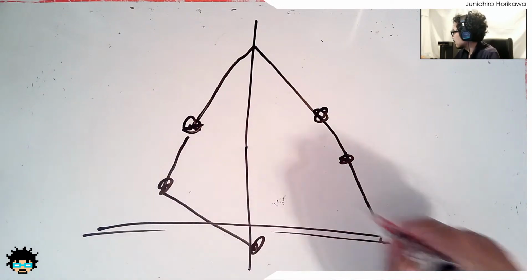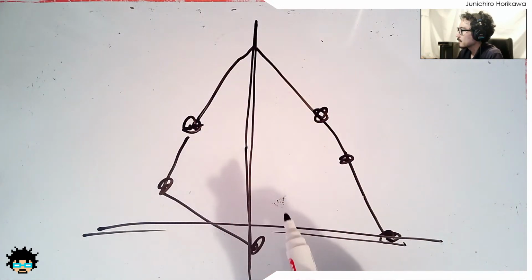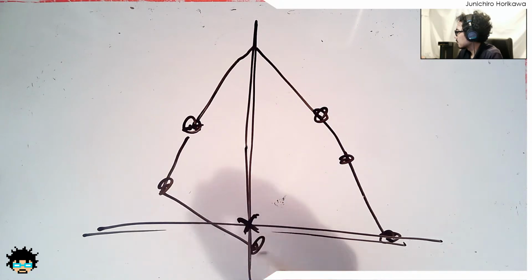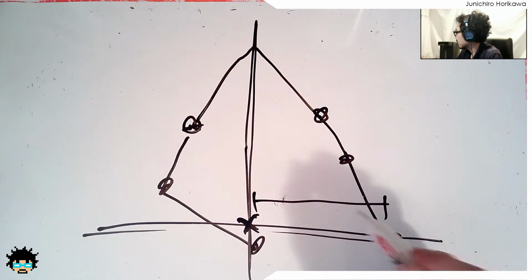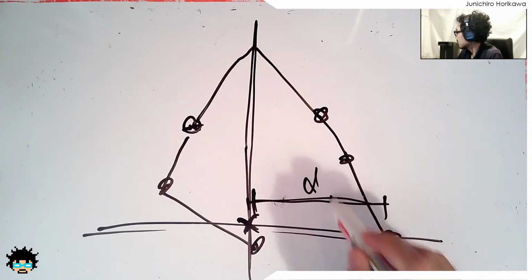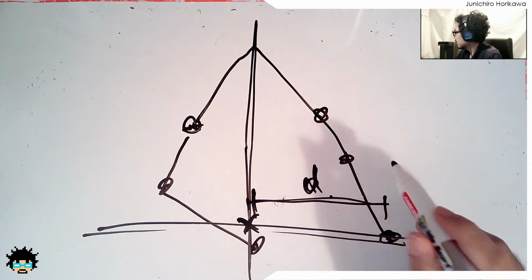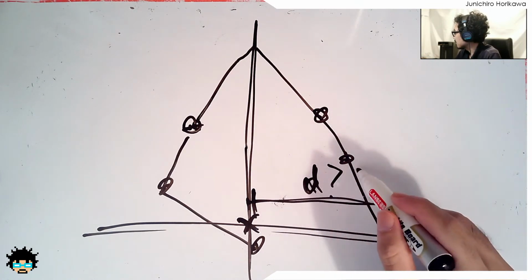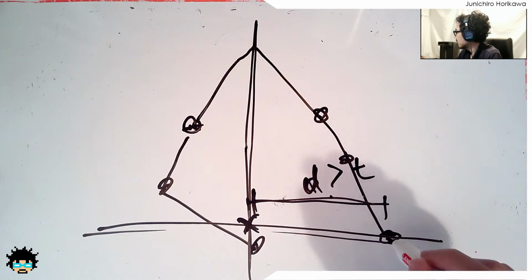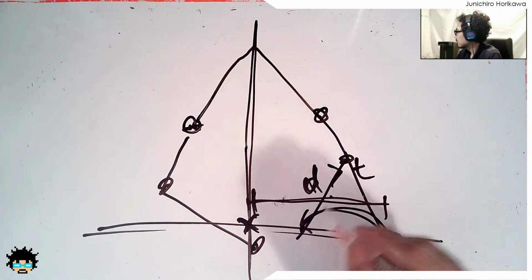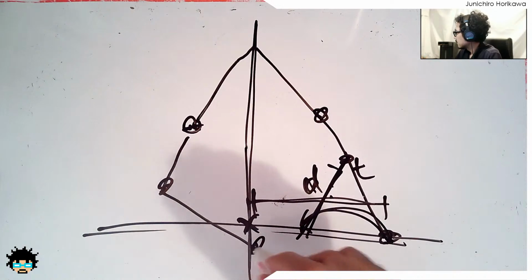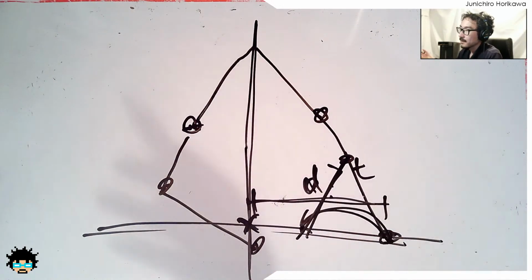Say this is the ground and this is the center point of the base skeleton, and you check the distance between the leg and the center point. If the distance is bigger than some threshold, then you want to start moving this leg to the center, going into stable positions. So that's what I want to do here.